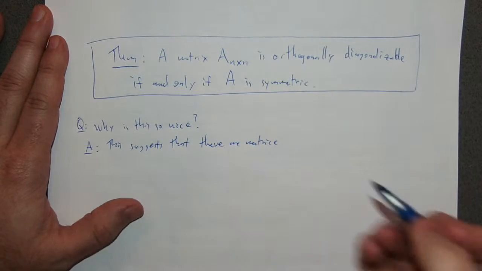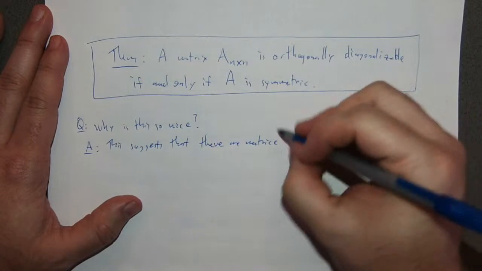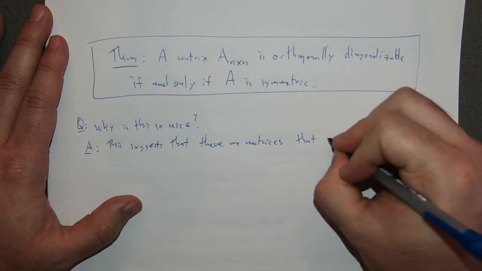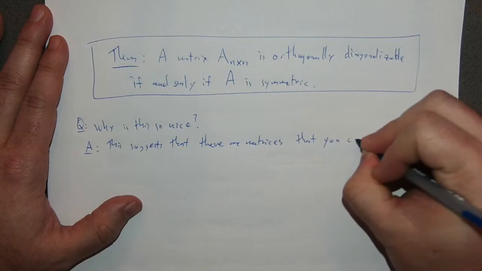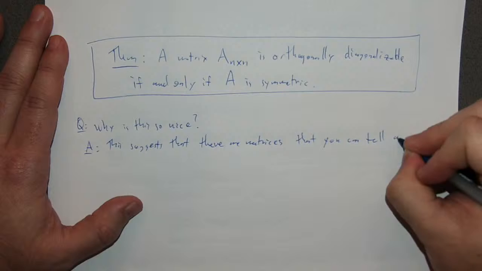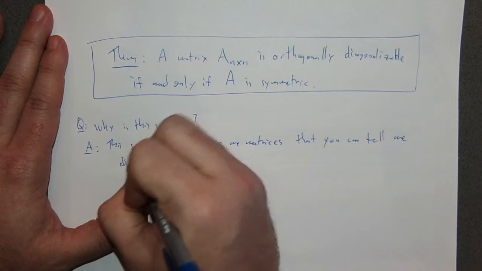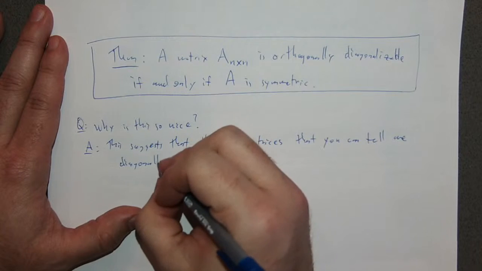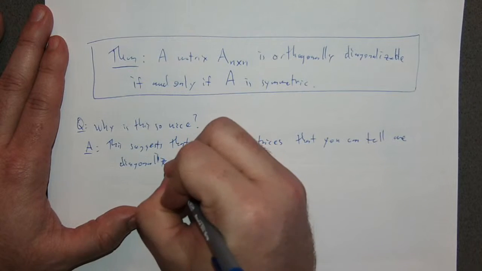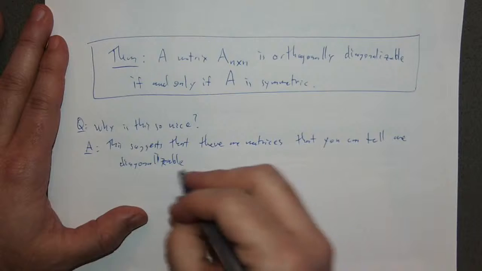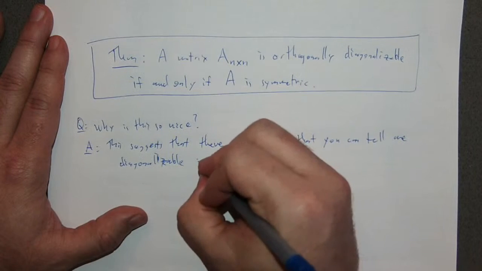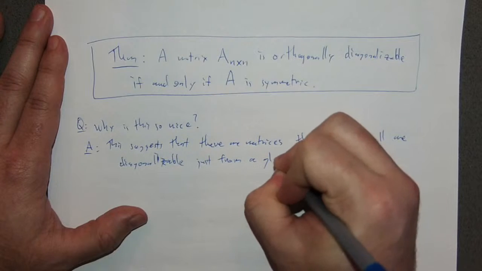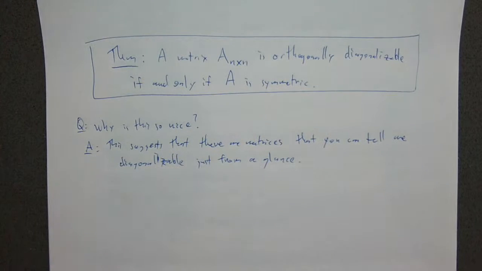I mean, this doesn't just suggest, this tells you exactly that there are matrices that you can tell are diagonalizable. In fact, orthogonally diagonalizable. So diagonalizable in the best way. So diagonalizable. You can tell that they are diagonalizable just from a glance, right? Just from looking at them. Because if you look at a matrix, you can tell whether or not it's symmetric, right?